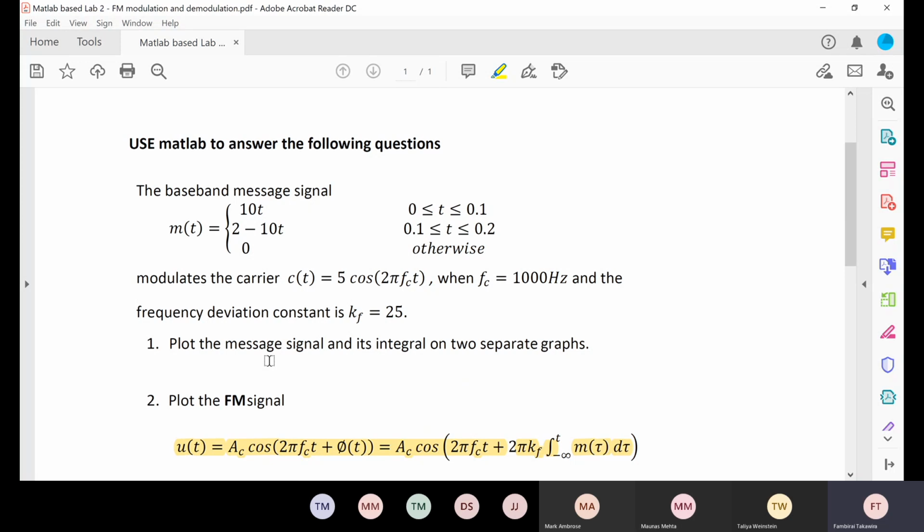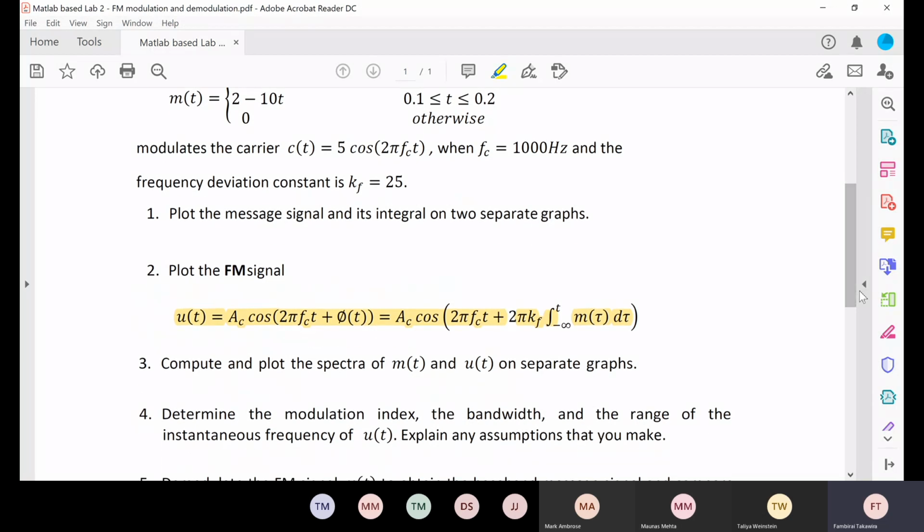If I were you, I would say m of t is equal to blah, blah, blah, which is essentially copying that expression for m of t, and then underneath you give a plot for m of t. And then underneath you give a plot of the integral of m of t, and that's it. I'm not expecting you to discuss or comment on the results. You simply answer the specific questions that have been asked.